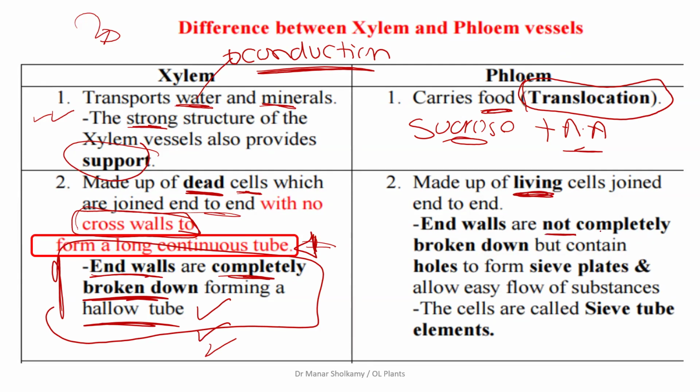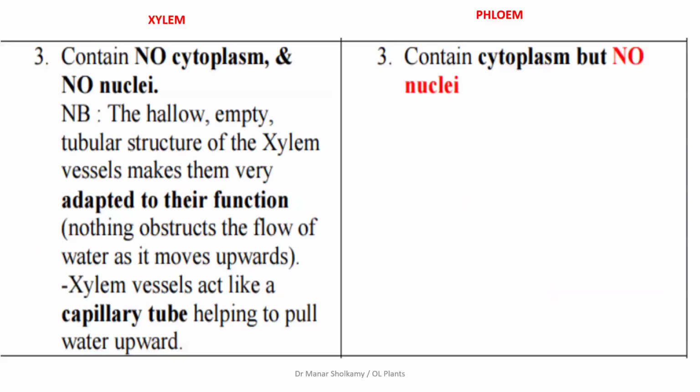The end walls are not completely broken down, but they contain holes or perforations or sieves to form sieve plates, and they allow easy flow of substances, sucrose and amino acids, not water. And the cells are called sieve tube elements. I hope everything is clear. If you have any questions, stop me.